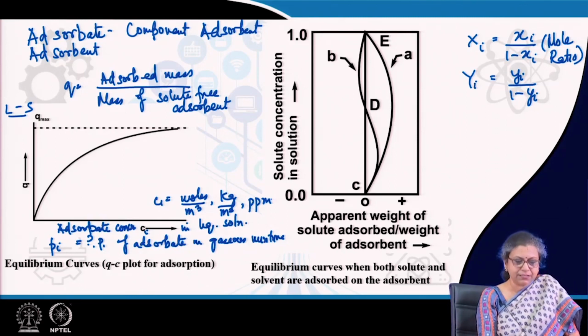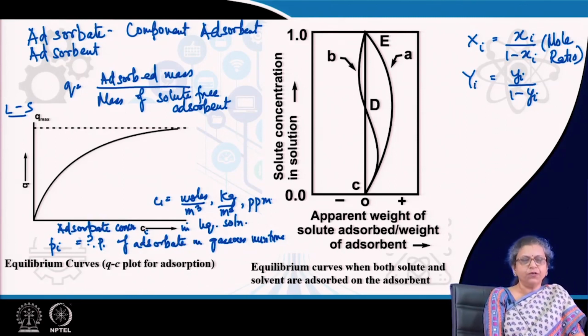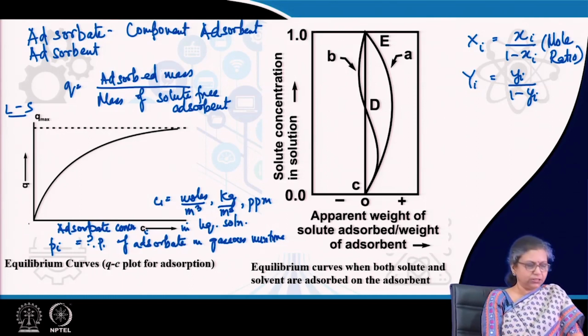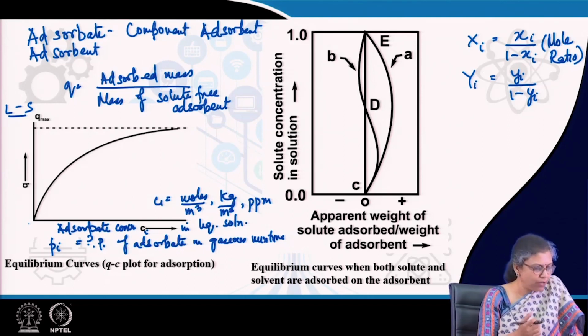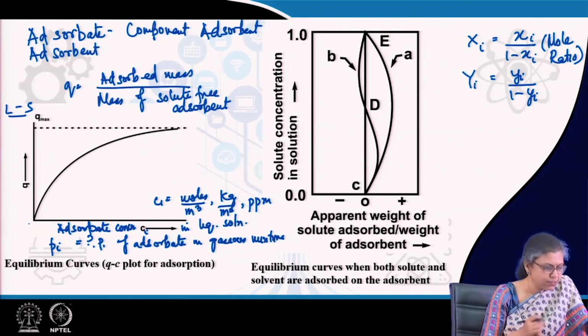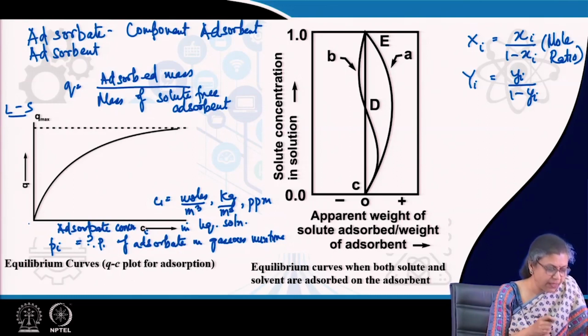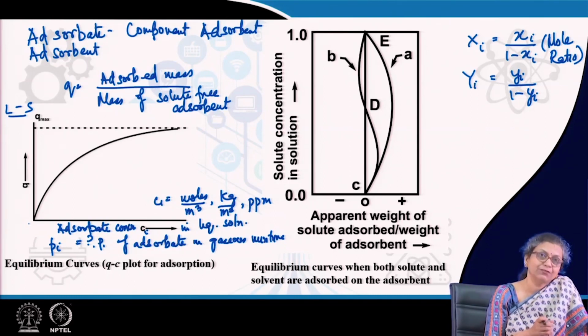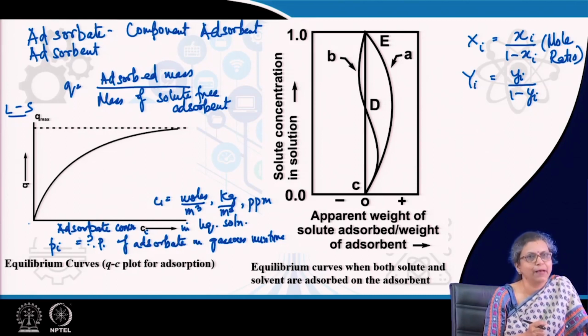Now, let us discuss the effect of the different measurable parameters on the adsorption curve. Say, for example, temperature. What do you expect when the temperature increases? How do you think this curve is going to change? Again I would like to remind you, adsorption is an exothermic process. It is accompanied by release of heat, just like I told you about absorption.